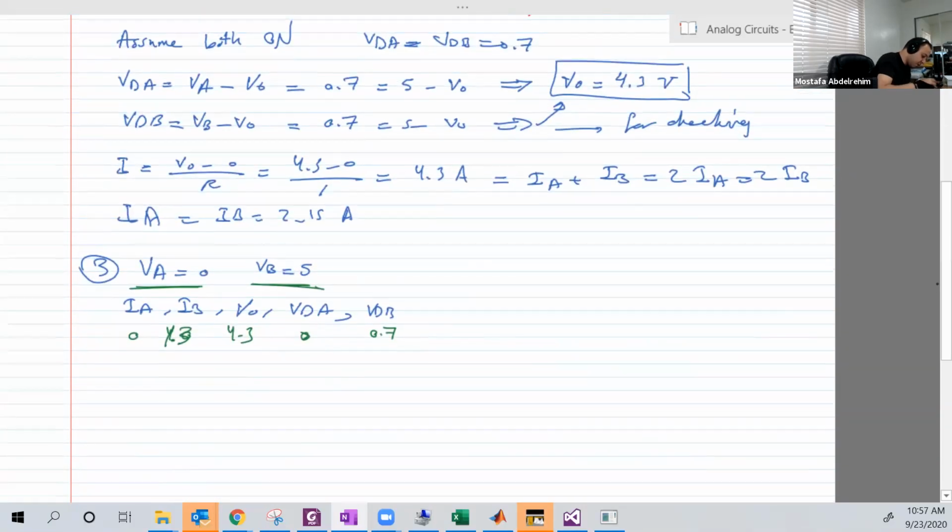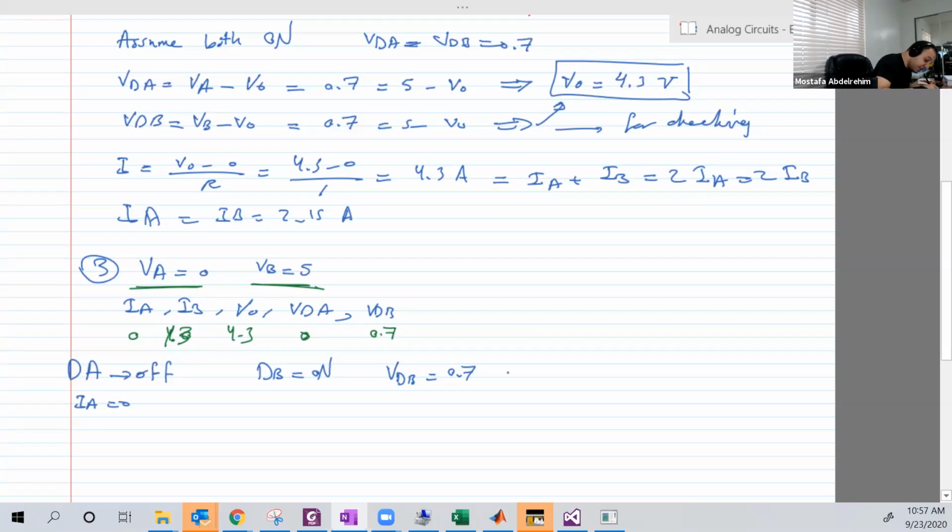So basically, I will assume that DA is off and DB is on. It looks like you are on the right path, because if DB is on, then VDB is equal to 0.7. And if DA is off, IA is equal to 0.